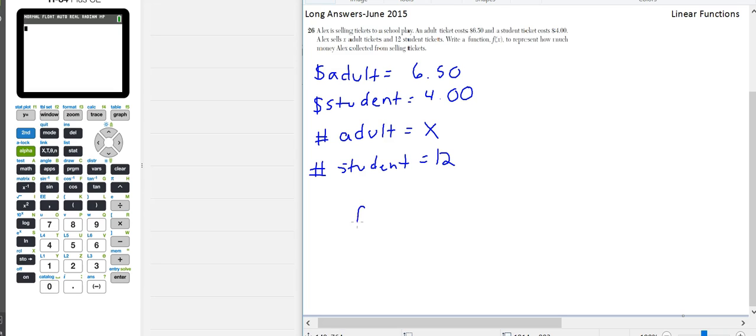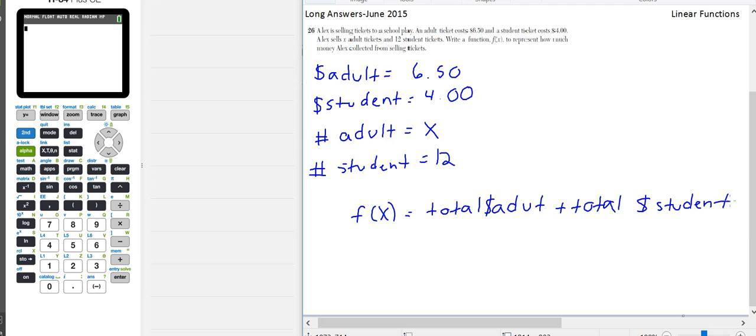So f of x, the function, is going to be the total amount that Alex makes from selling adult tickets, plus the total dollar amount that he gets from selling all his student tickets. And what is the total dollar amount that Alex gets from selling his adult tickets?